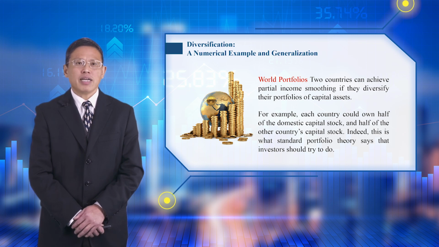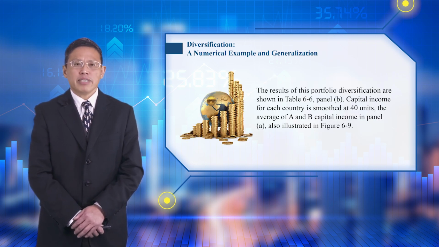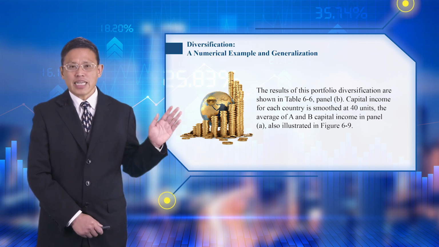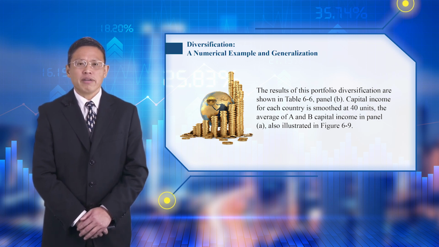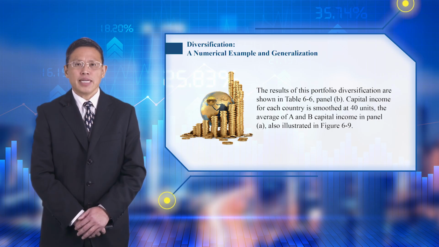Indeed, this is what standard portfolio theory says that investors should try to do. A numerical example is given in Table 6-6, Panel B, when each country holds a 50% share of the world portfolio, as in Panel B.